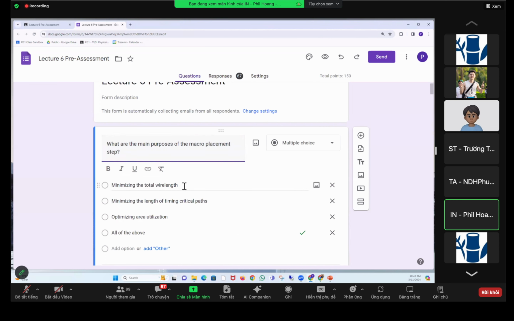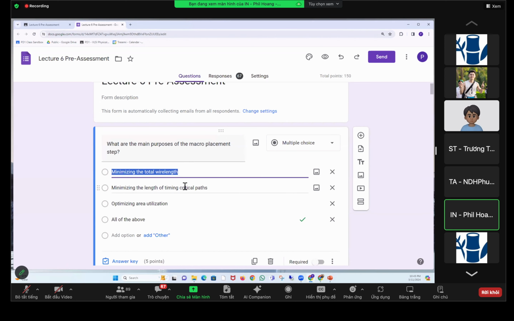Minimizing total wire length, you want to do for sure A. A lot of people got A, but also minimizing the length of timing critical paths.